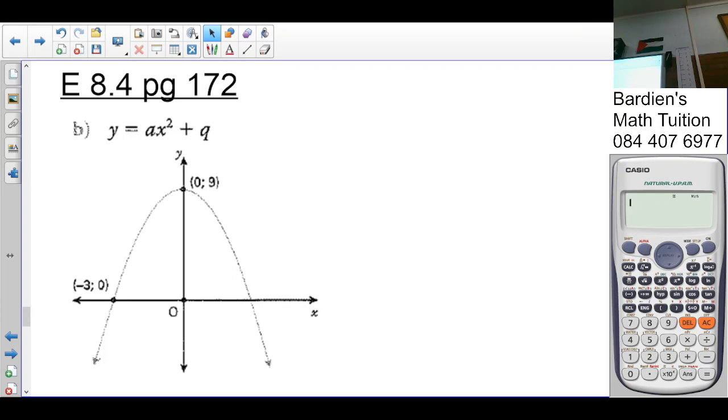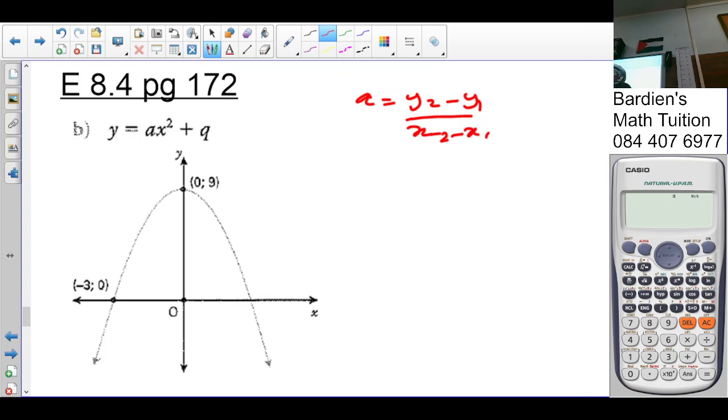So where do we start? We know it's going to have the form y equals x squared plus q. Who got this wrong? Right, what do you do first? So a equals y2 minus y1 over x2 minus x1.